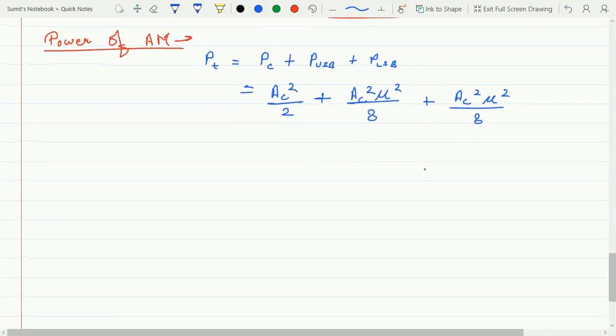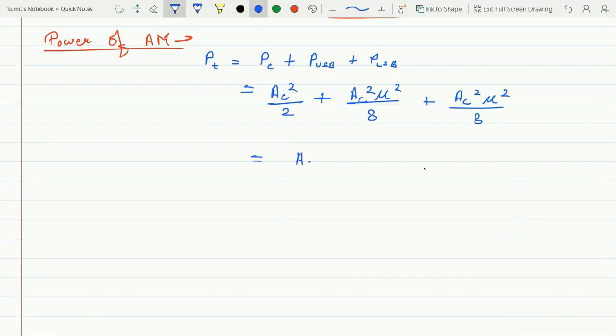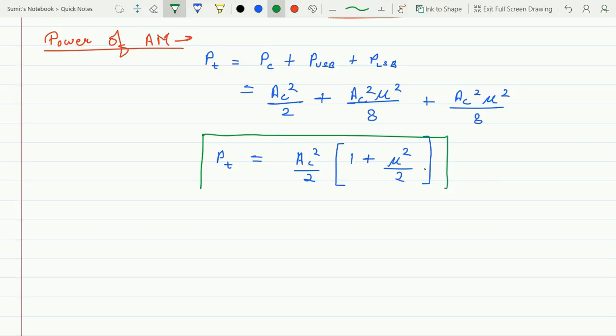Now just add those two terms and take Ac squared by 2 common. You will get 1 plus, because if you add these two you get Ac squared mu squared by 4, and taking Ac squared by 2 common, you will simply get mu squared by 2. So this is your total power for AM. This is again a very important formula for numerical questions.